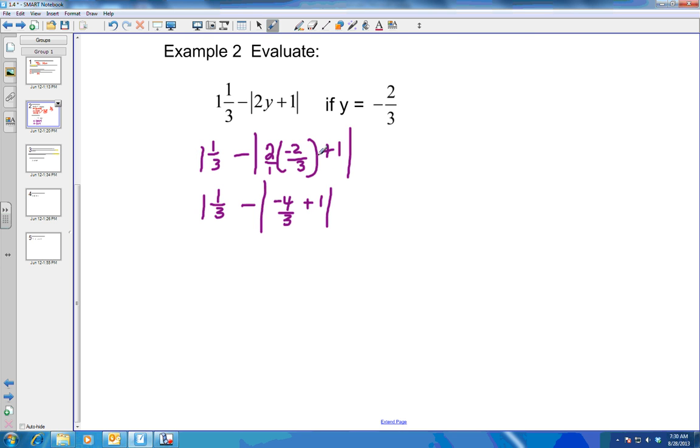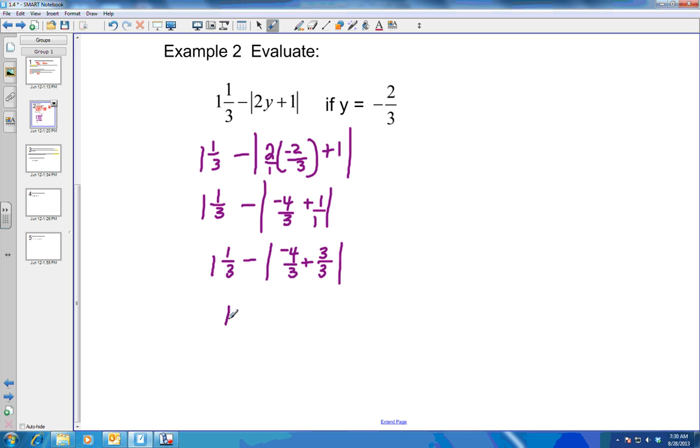Okay, so now I still do what's inside absolute value bars. 1 1/3 minus -4/3 plus 1. I'm going to find a common denominator. My common denominator is 3. So if this is 1 over 1, that 1 over 1 would change to 3 over 3.